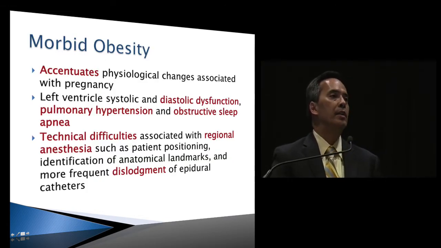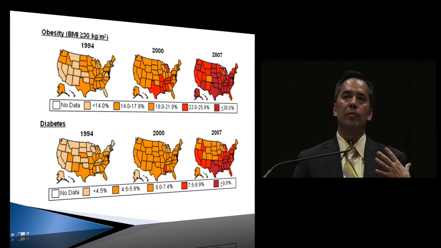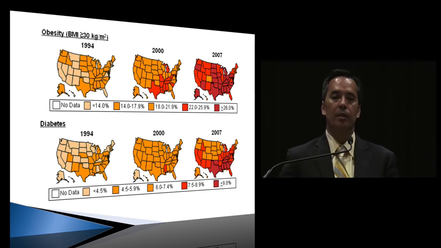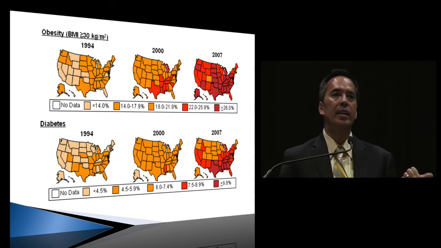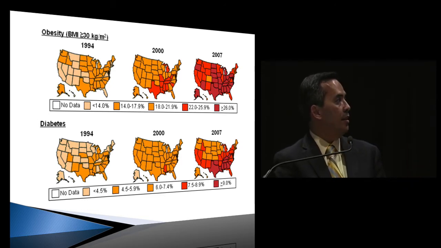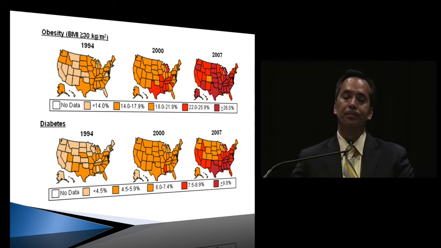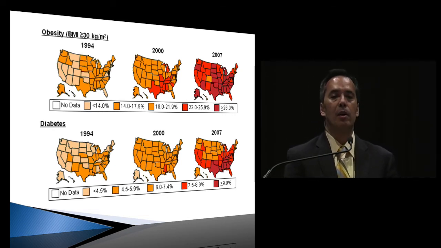So not only with morbid obesity can you run into problems, but this slide just basically shows the concurrent medical problems: hypertension, diabetes, DVTs. And this shows that with the increase of obesity in the United States, so too do you have the increase in diabetes as decades roll on. So it is definitely a major problem.